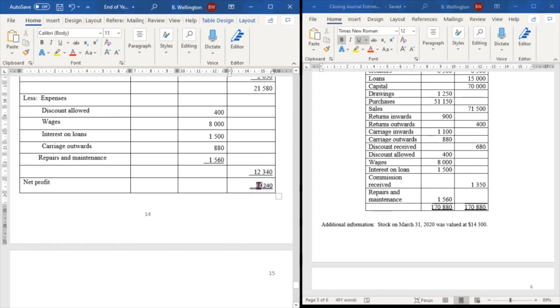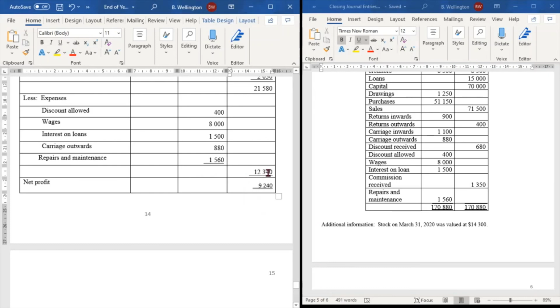So that should be it. Let's check. 6 and 8, 14, 5 and 1, 6 and 8, 14 and 5, 19 and 4, 23, 2, 3, 4 and 8, 12. 12,340 is our total expenses.